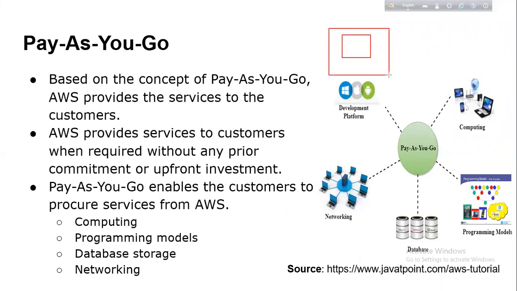Next month, my storage increases, I pay more. My storage further increases the next month, and so on. Pay as you go enables customers to procure services from AWS, such as computing services, programming models, database, storage, networking, and so on. Almost everything that you would like to have.